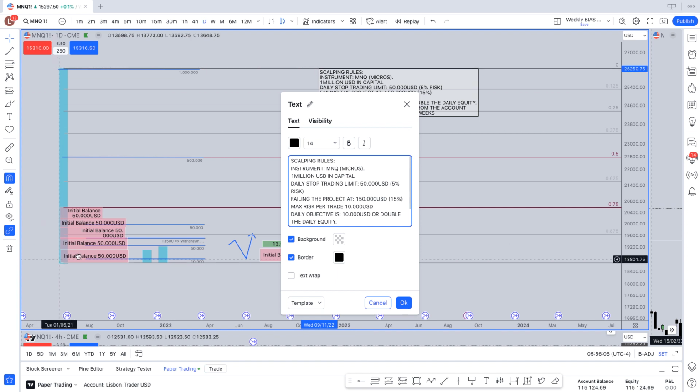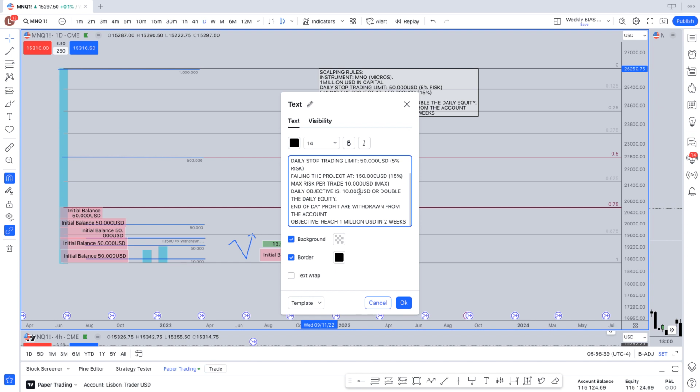So with $1 million, this makes a 5% risk of losing inside the 1 million. Every trade is 10k maximum. So this is the max, and then failing the project if we reach the 15%.